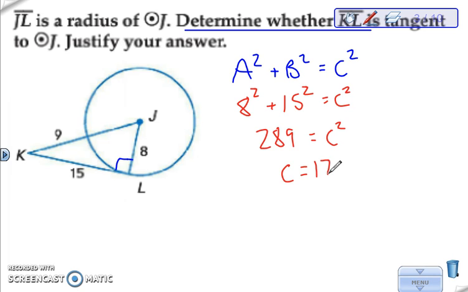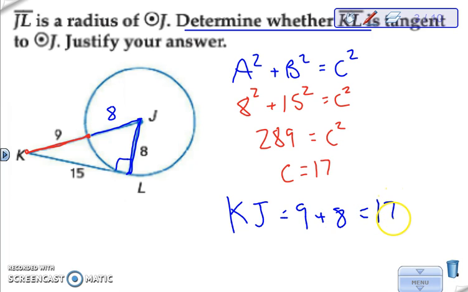So if JK is 17 units long, then we have the correct dimensions. Notice that they marked the 9 going along the outside of the circle. I need to find that missing piece. So the radius of the circle from J to L is 8. Since the radius is the same length all the way around the circle, then there must be 8 units there. So if I'm looking for the total length of KJ, I add the two pieces to get 17.